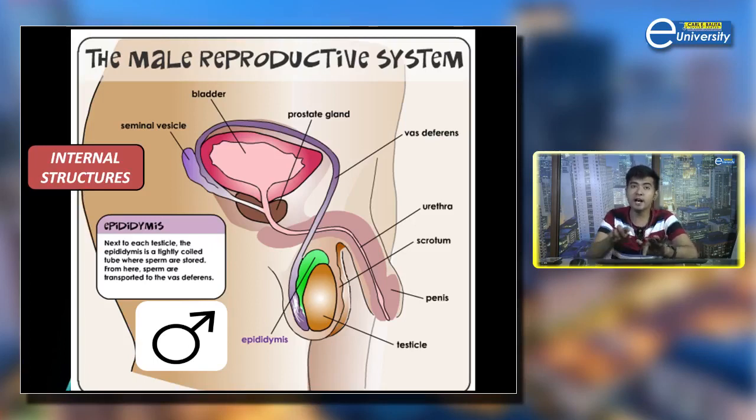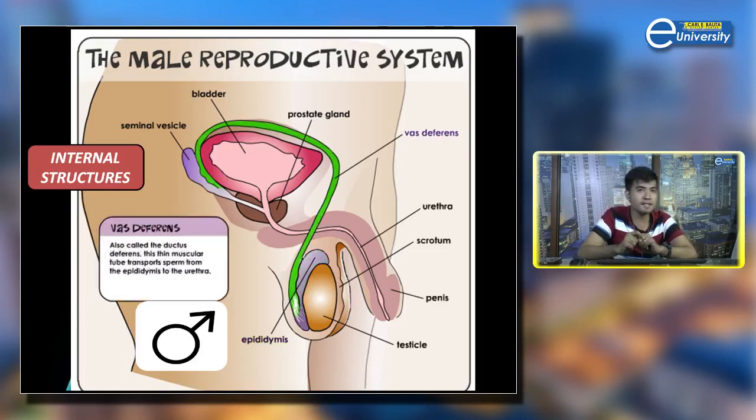So again, the area where the sperm is stored is the epididymis, not epidermis. Again, the epididymis is the site where the sperm is being stored. Next is the vas deferens. The vas deferens, also known as the ductus deferens, is a thin muscular tube that transports sperm from the epididymis to the urethra. So again, the vas deferens transports sperm from the epididymis to the urethra.